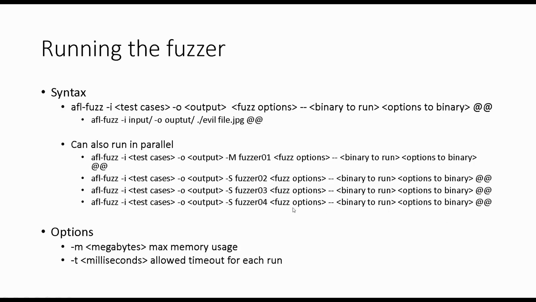Now we can also do this in parallel. If you're getting really serious about this, that's probably the best thing to do, because running it in parallel means if you have 4 cores of CPU, then you can use all 4 instead of 1. So maybe you're 4 times as fast, or it may not be exactly 4 times as fast, but it'll be faster than what it would have been otherwise.